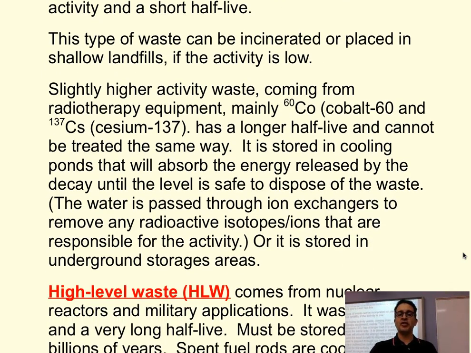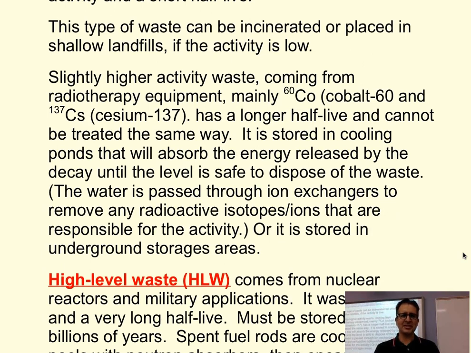For some of the other substances that have slightly higher activity, or longer half-lives, like the material that has come in contact with cobalt-60. Cobalt-60 is one of the most important radioisotopes used to produce radiation therapy, and also cesium-137.